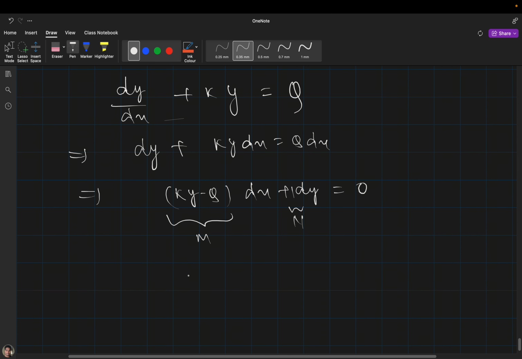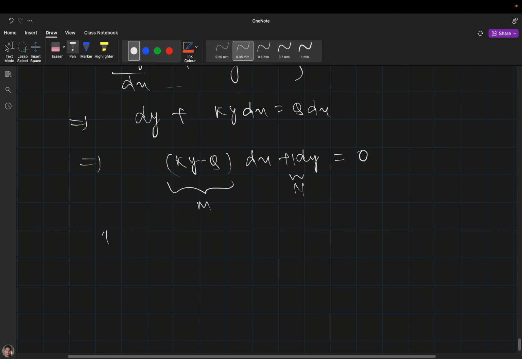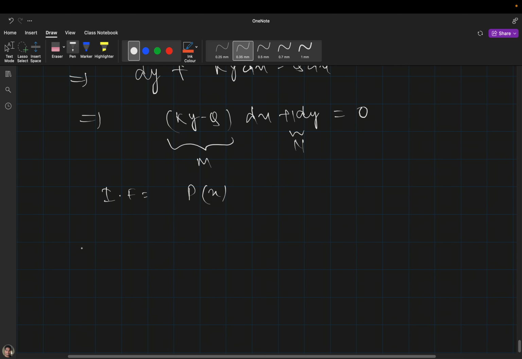Now I'm assuming that our integrating factor is a function of x. Then what will be our integrating factor? That is P, equal to e raised to the power 1 by n.